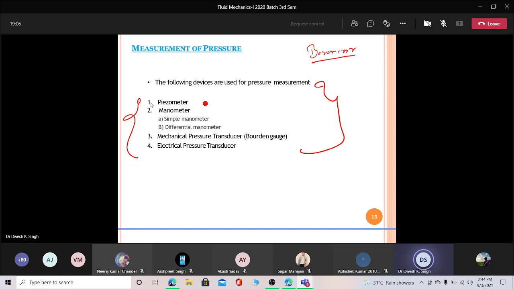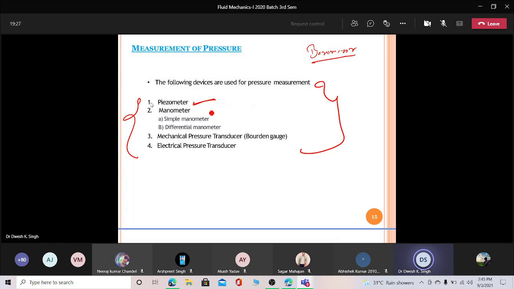What are those instruments? The very first, very simple, very old device for this class is the piezometer, the very conventional method.